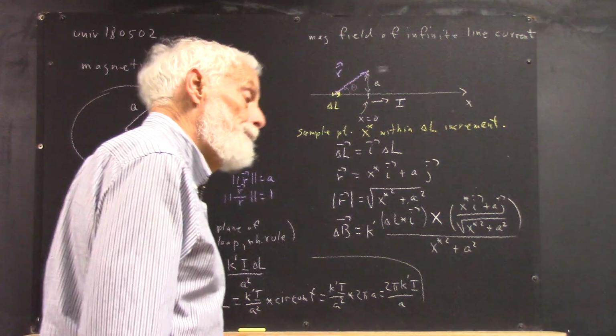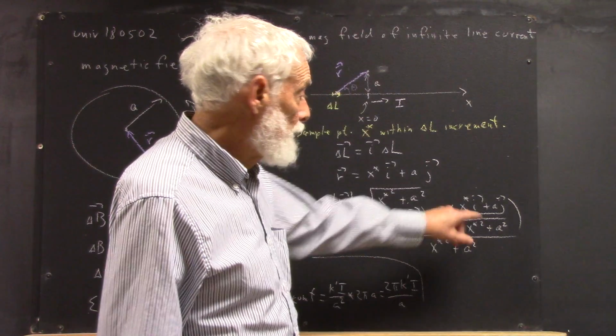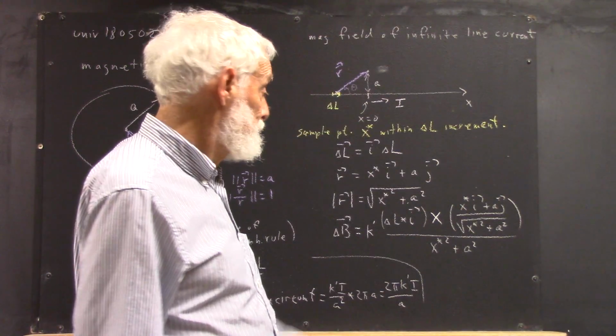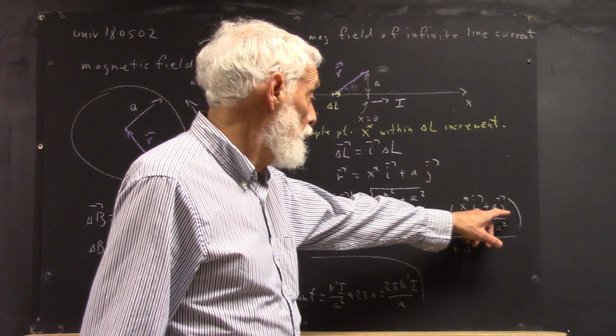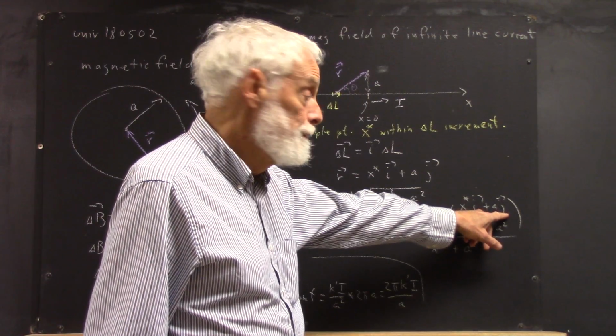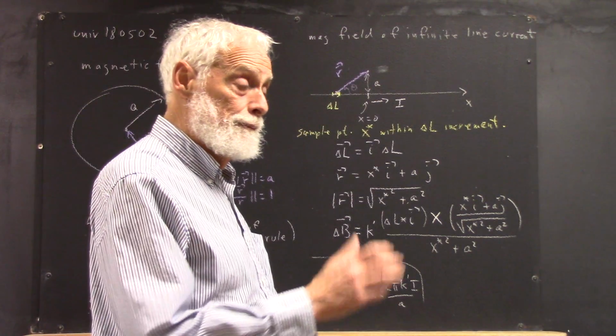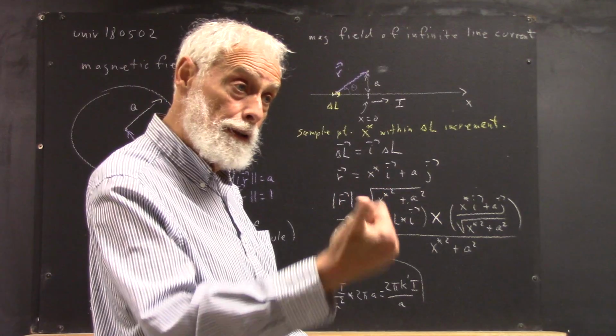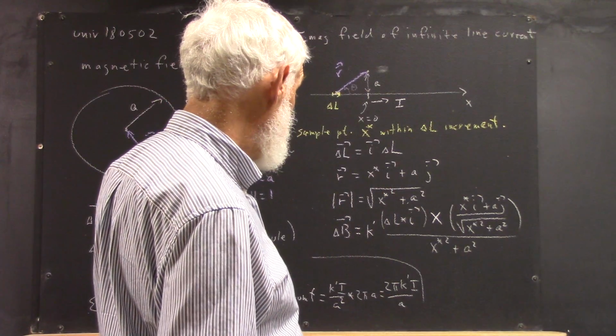And then what? Well, i cross i is 0. i cross j, well, i cross j is k. Okay.